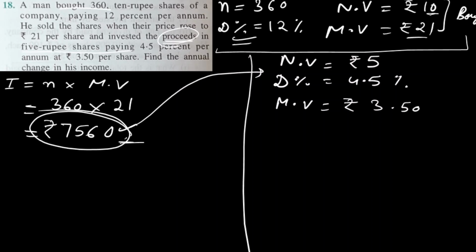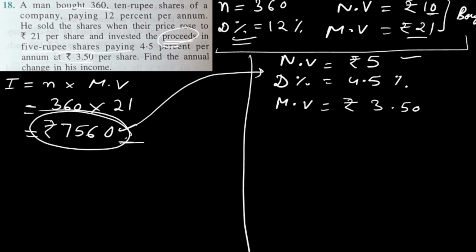This is what he invested in the second company where nominal value is 5 rupees and dividend percent is 4.5. At what price did he purchase? 3.50 per share. See, sometimes you just have to understand, 5 rupees share paying 4.5% at rupees 3.50. Most of the time you can remember, whatever price at is mentioned, that price is market value. So annual change in income you have to find.